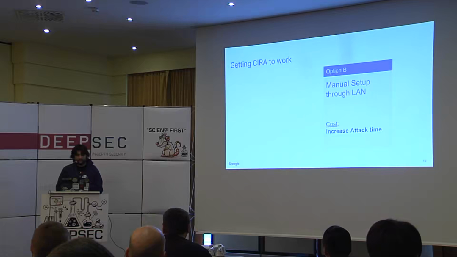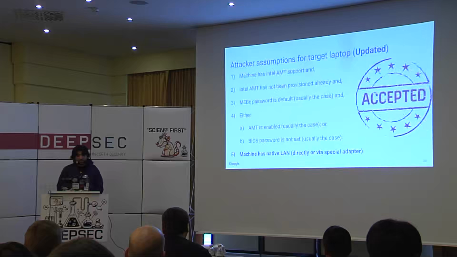So let's update our assumption slide. For our attack, the machine needs to have either built-in LAN or a native LAN adapter, which AMT will listen to by default. USB LAN adapters will not work since AMT doesn't listen to them by default. For the Carbon X1 that I used for my testing, it doesn't have a built-in LAN, but there is a custom LAN adapter available, which does a pass-through and is seen as native LAN by the system.